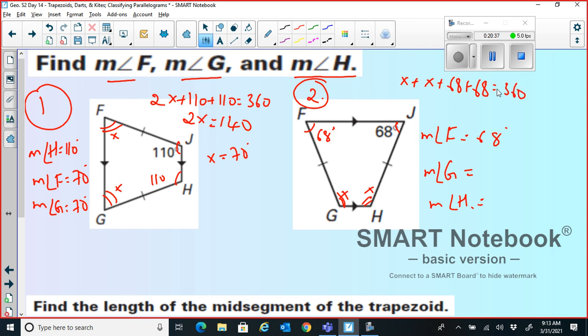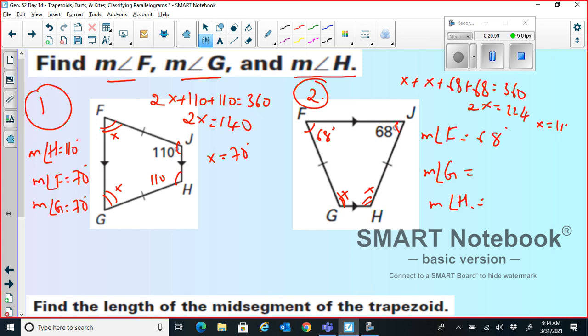Okay, 68 times 2 is nothing but 136, and if I subtract 136 from both sides I will have 224, and so I can say 2x equals 224, and if I divide by 2 on both sides I'll have x equals 112.